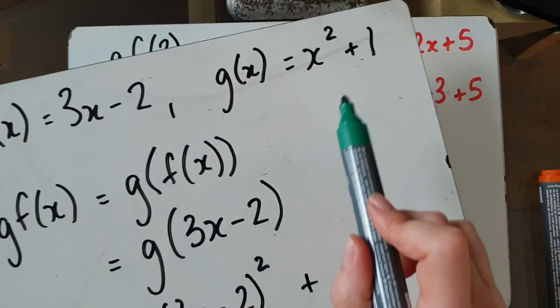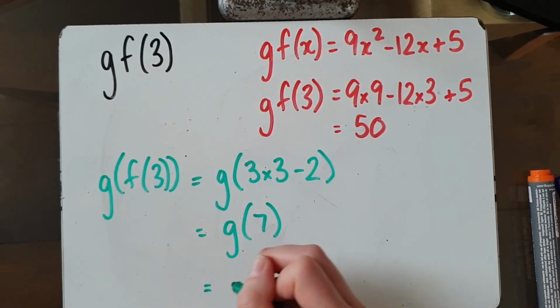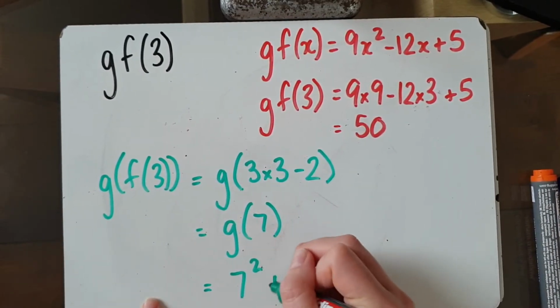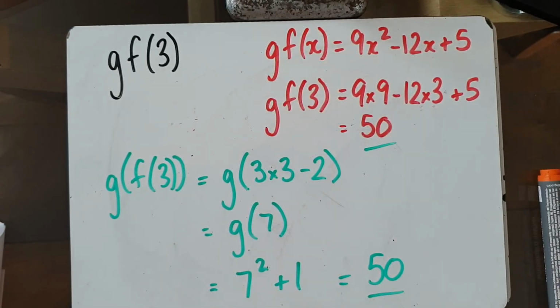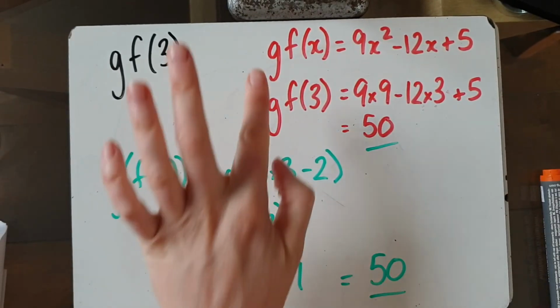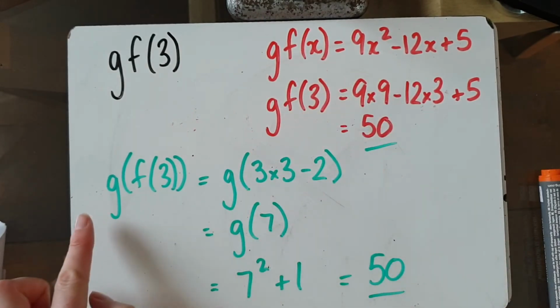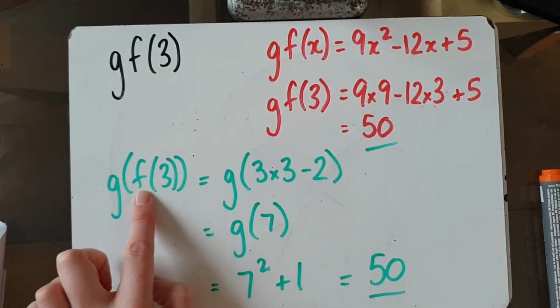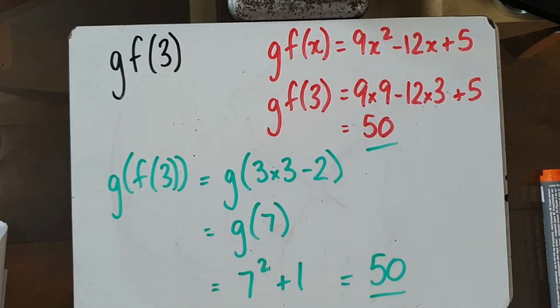And then g was x squared plus 1. G of 7 will be 7 squared plus 1, which again would give you 50. So it's the same answer. So you could find g of f of x first and then substitute 3 in, or you can put 3 through f and then put that answer through g and get to it that way.